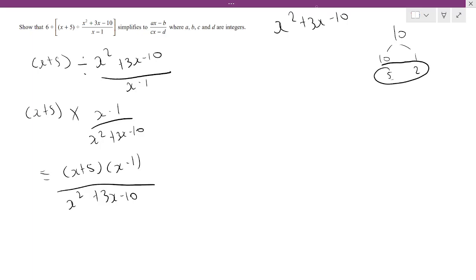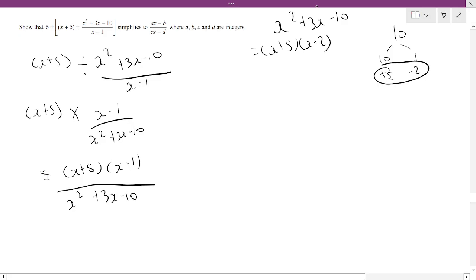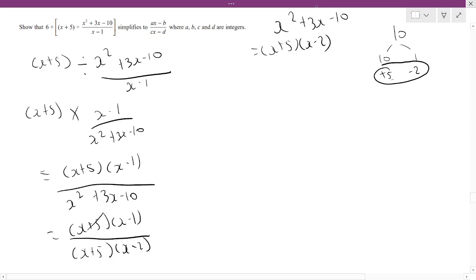If we choose positive 5 and minus 2, that plus 5 and minus 2 will add to give 3, and 5 times minus 2 gives minus 10. So that is our factorized form of x plus 5, x minus 2. So that means this simplifies to x plus 5, x minus 1, over now x plus 5, x minus 2 by factorising. And we do simplify because this factor is common. So this becomes x minus 1 over x minus 2. We can't do anything more with that.